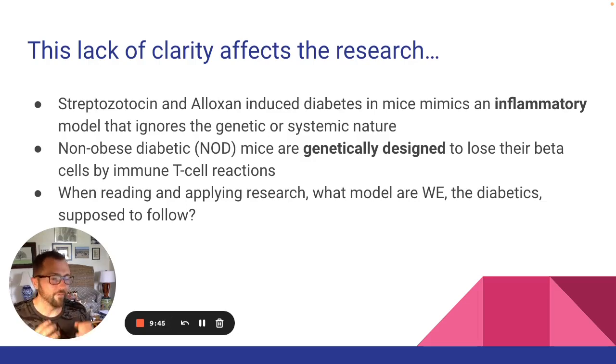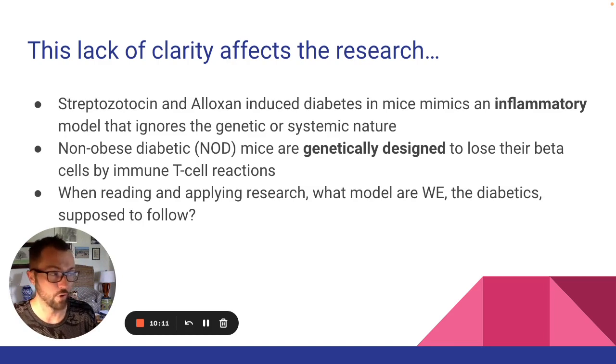But this lack of clarity and this lack of crosstalk going on between the two fields of research is a problem, because what you'll see in the animal models of research is that there are drugs being used now to induce a diabetic state in mice.